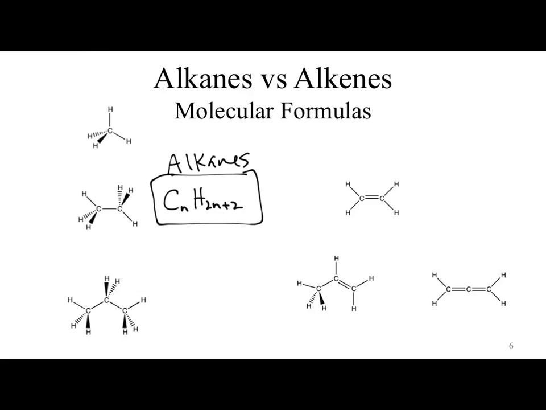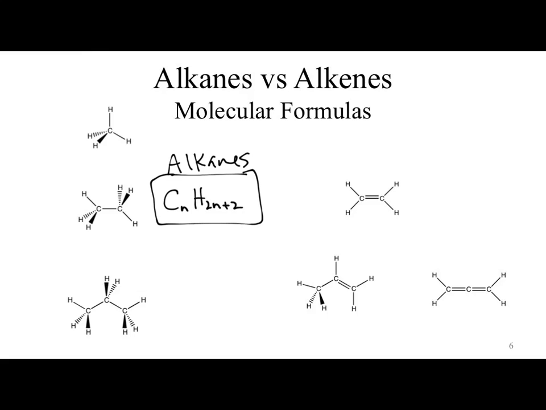Anything that's not hydrogen or carbon is a heteroatom. That's going to change our overall formula. We can still have alkanes with heteroatoms in them, but our formula picks up some weird connotations. So we're not going to worry about that, and we'll keep it relatively simple.